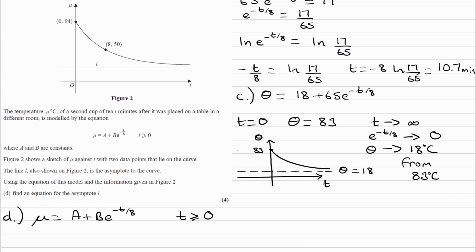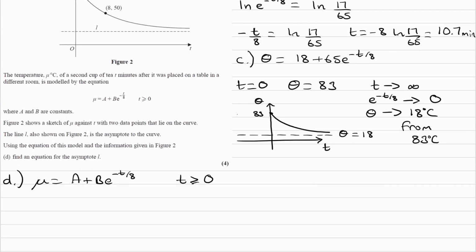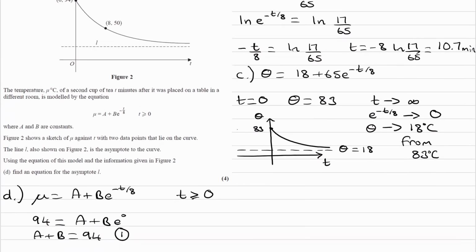So let's start by putting in the 0, 94 into our equation. So mu is 94, t is 0, so a plus b e to the power of 0, which is just 1. So our first equation is then a plus b is equal to 94. I'll call that equation 1. And our other coordinate is 8, 50.